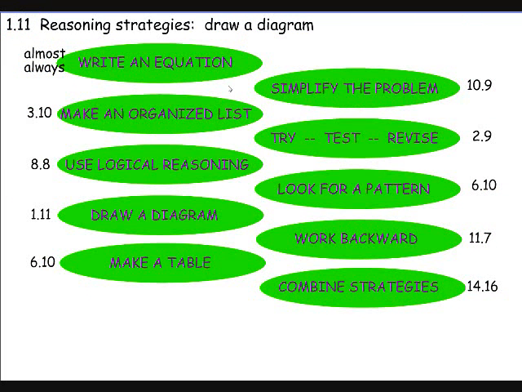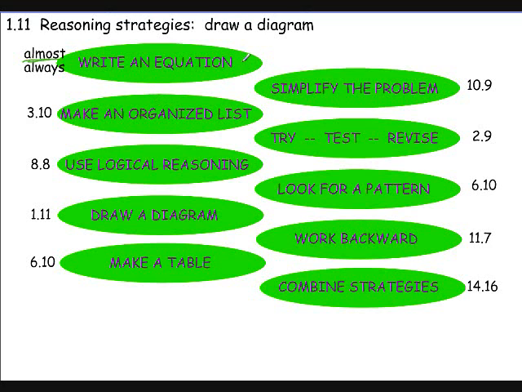Here are a whole set of reasoning strategies. Just take a minute to look at these. Some of these we've covered earlier in the year. Almost always we end up writing an equation, but it is actually not always, because we just did 2 where we never wrote an equation.